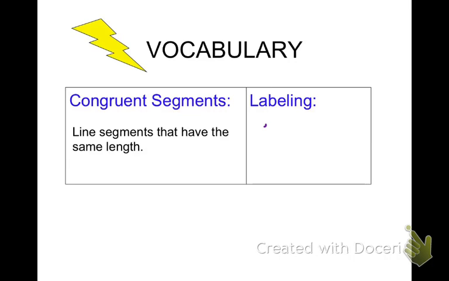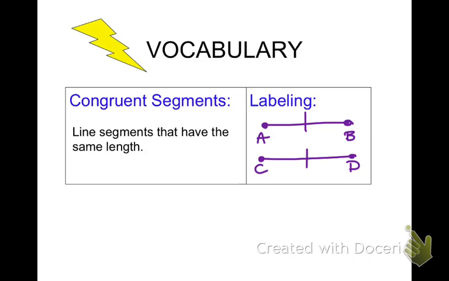So labeling wise, let's make one line segment, make that AB. Directly below, make a line segment CD that appears to have the same length. And what we use in the geometry world to show congruency is we put little tick marks on the segments, like this. So if anywhere in your diagrams you see little tick marks on the segments, that means that they have the same measure, or the same length.